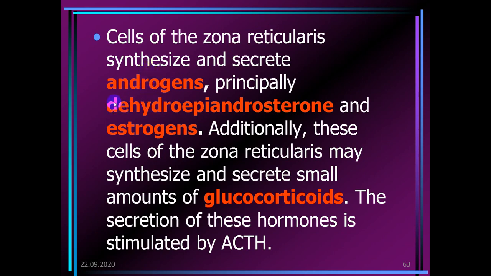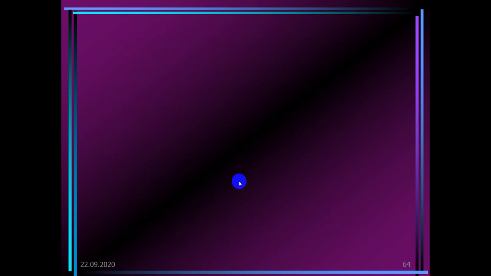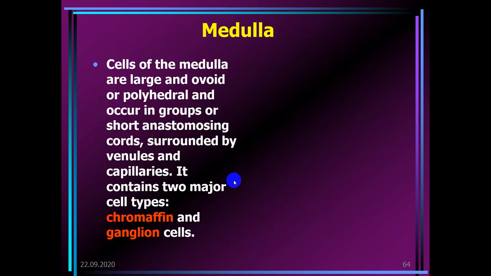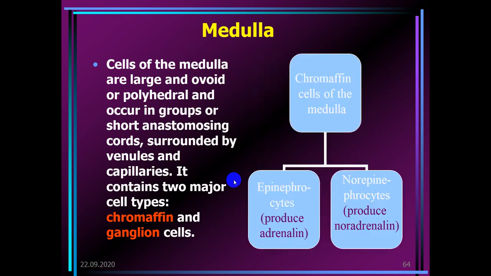In women, they secrete androgens, and in men, this zone secretes estrogens. These cells can also synthesize a small amount of glucocorticoids, but it is not critical. The production of these hormones is not controlled by adrenocorticotrophic hormone.